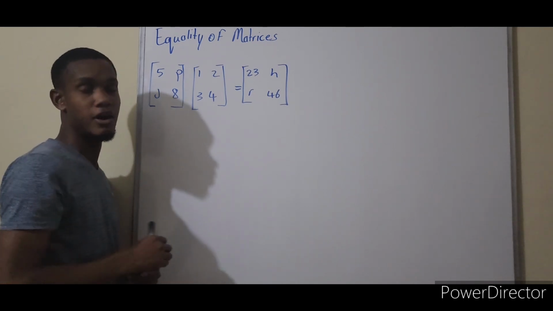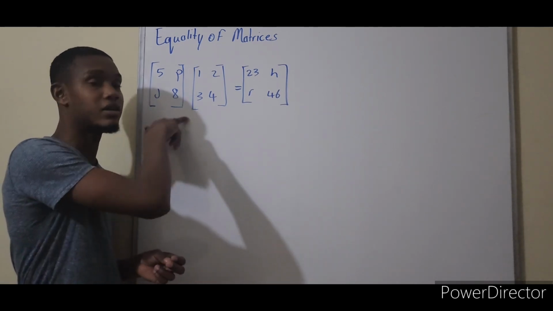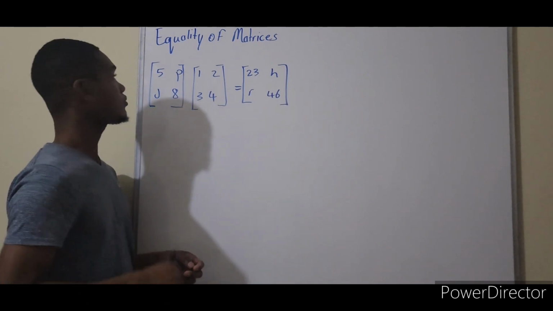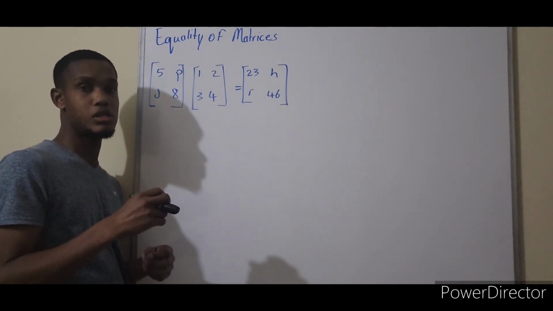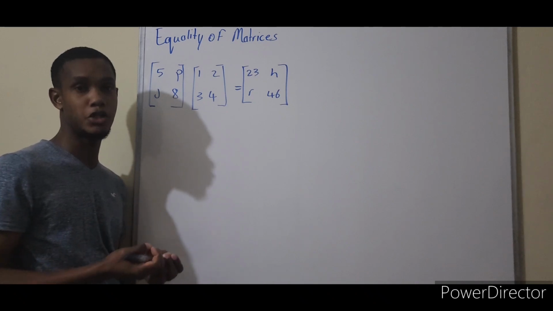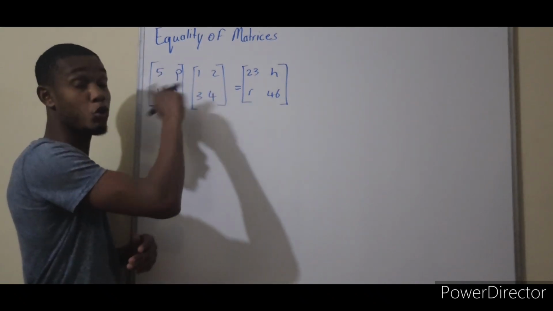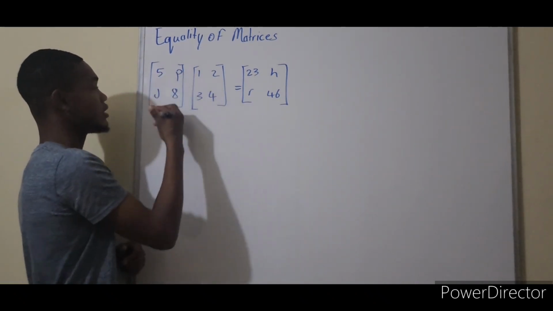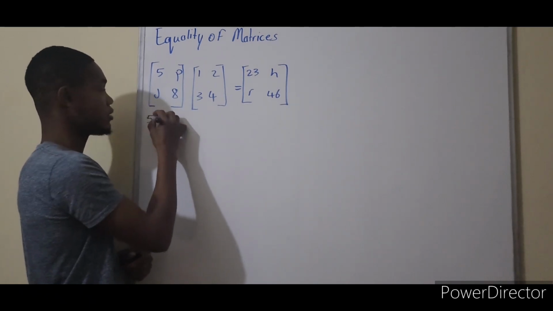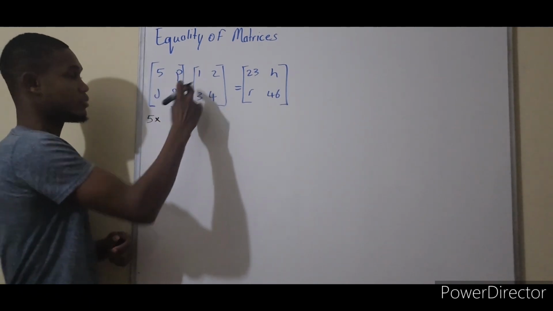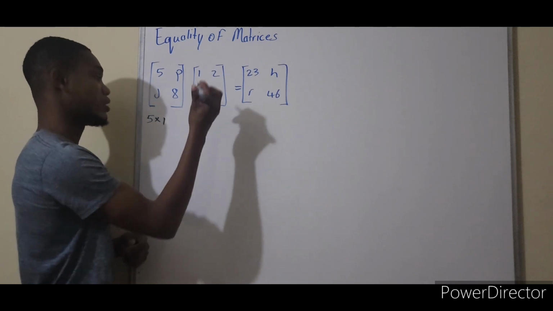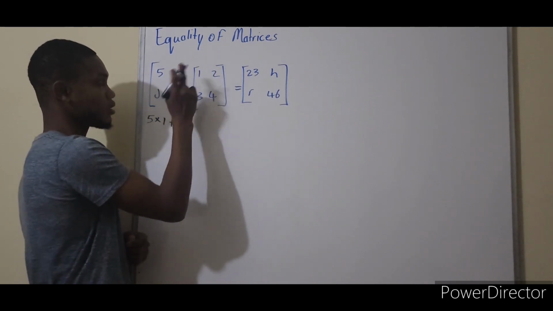So here is an example of an equality question involving multiplication. The first thing you need to do is multiply like a normal matrix. You'll say the row by each column. In this case, it will be the first element in the first row by the first element in the first column, and then you will continue, plus second by second.